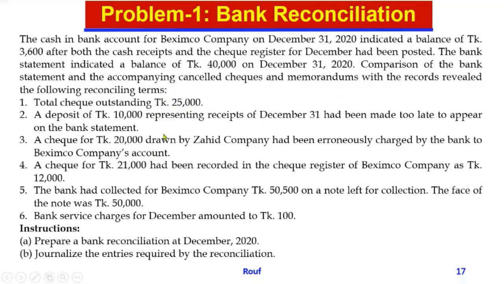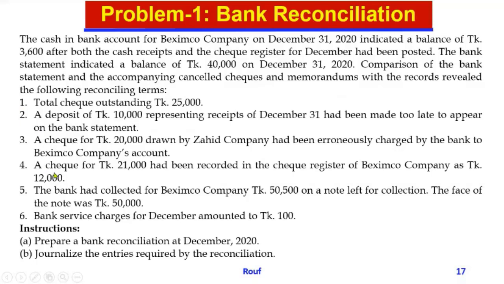Number 2, a deposit of Taka 10,000 representing receipt of December 31st had not appeared on the bank statement. Number 3, a check for Taka 20,000 drawn by Zahid company had been erroneously charged by the bank to Beximco company's account.